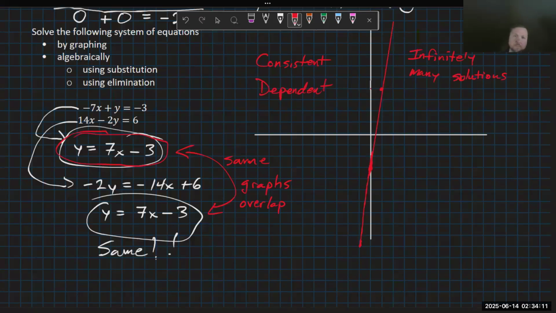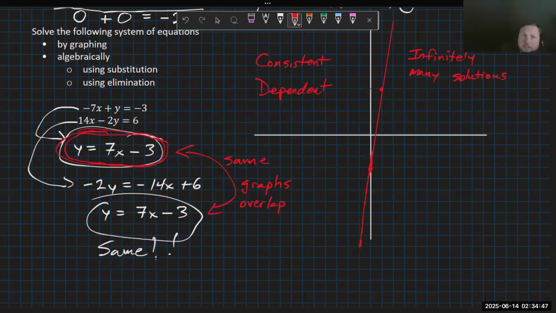All right, so there's the graphical method. If when you graph the system of equations, the graphs overlap each other, or in other words, they're the same graph, then that means you have infinite solutions. And those infinite solutions are characterized by the one equation that they both happen to be.